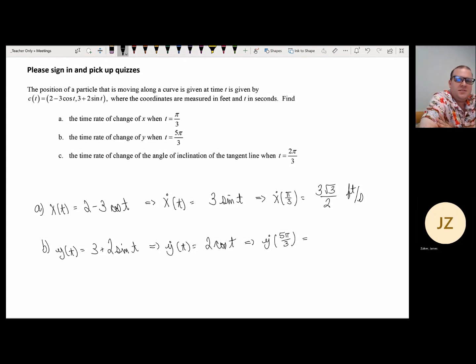Close. Check your quadrant. It's positive 1. We're in quadrant 4. So 1 foot per second.